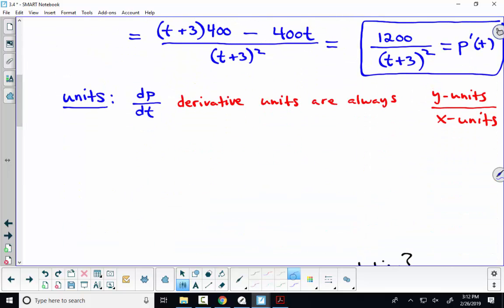So the units for our derivative, p prime of t, are millions per hour. So if I say the derivative is 3, then we need to piece that together. But is everybody all right with that? Units: y over x, dependent over independent.